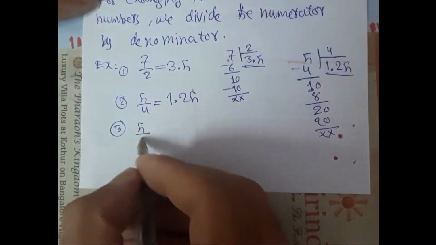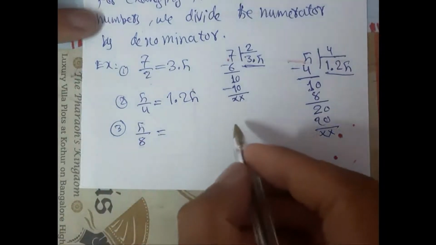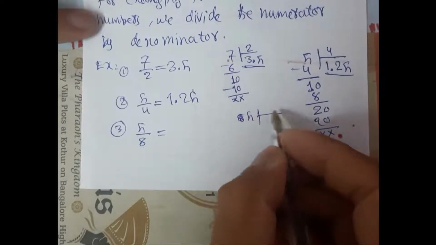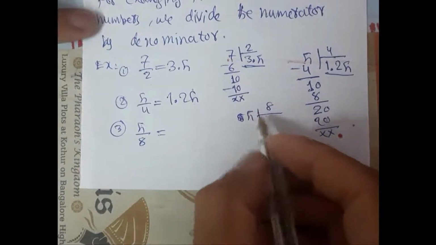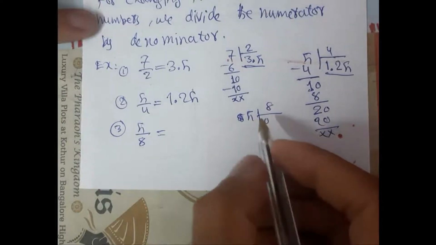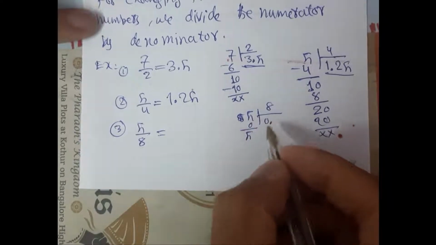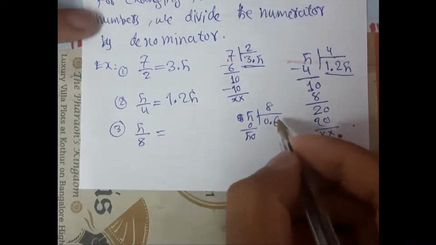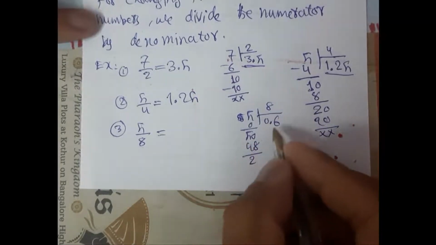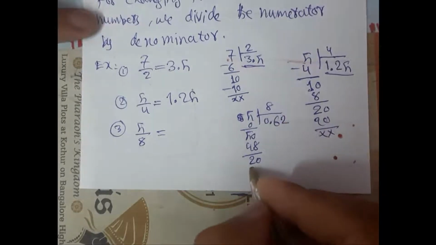Number 3. 5 by 8. It is a fraction. We want to change it to a decimal number. 5 divided by 8. 5 cannot be divided by 8, so we give 0. 0 multiplied by 8 is 0. 5 is the remainder. Point, 0. 6 multiplied by 8, 48. We have 2 0. 2 multiplied by 8, 16.